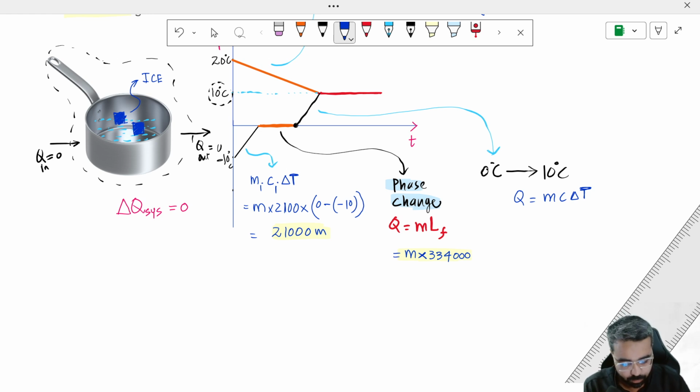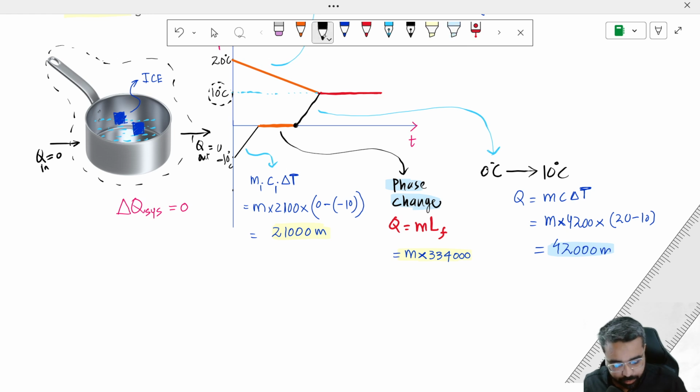So that's why we will write m as it is. We are not going to take the mass of water here. This is the mass of ice. Specific heat capacity of water, 4200, and the change in temperature is final minus initial, so that must be equal to 42,000 m.